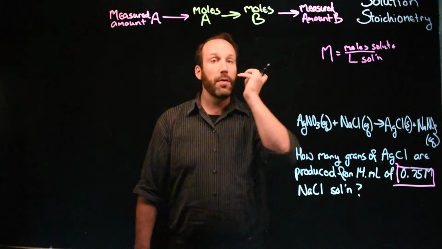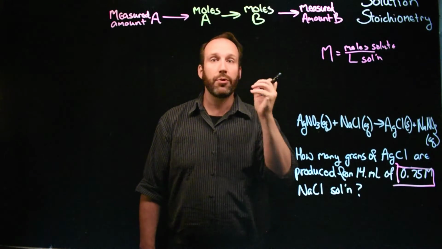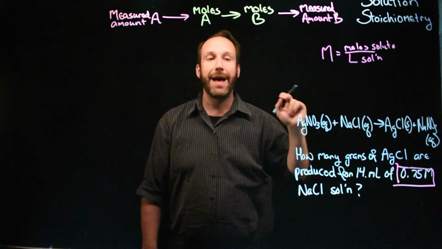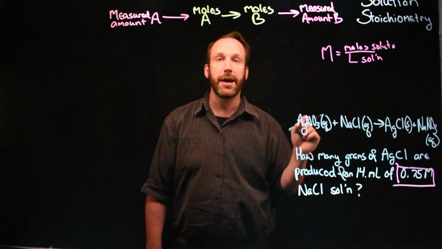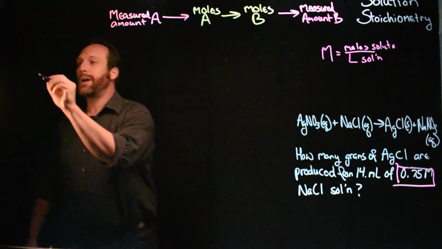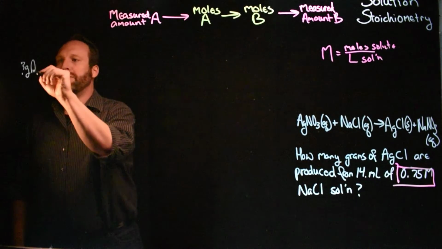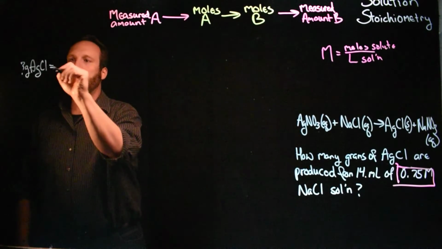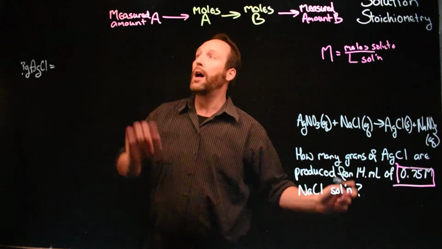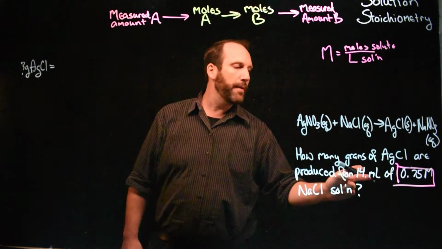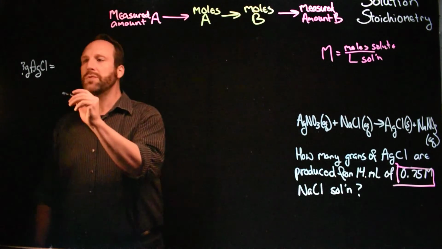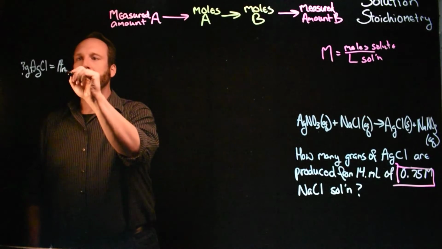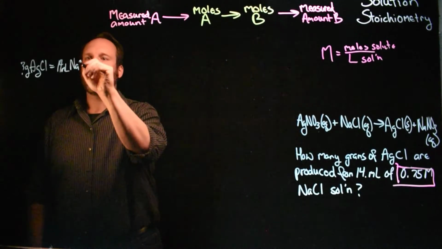So again, our first thing to do is to decide what our question is, and our measured amount of B, it's how many grams of AgCl, okay? So it's how many grams of AgCl are produced from a measured amount of A, are produced from 14 milliliters of NaCl, all right? So 14 milliliters of NaCl.